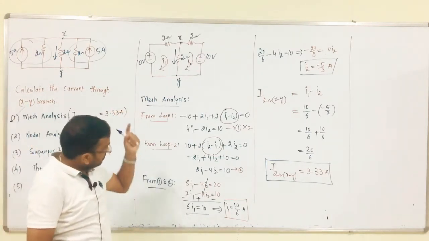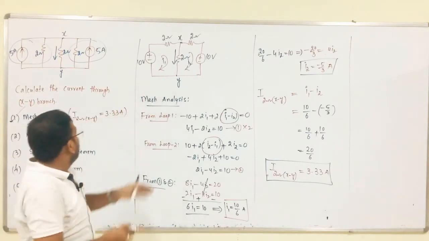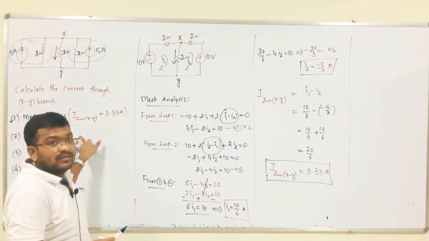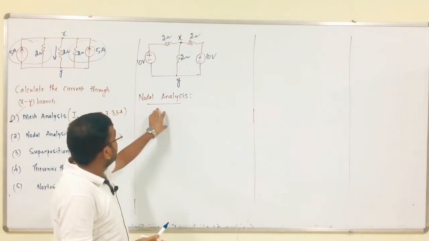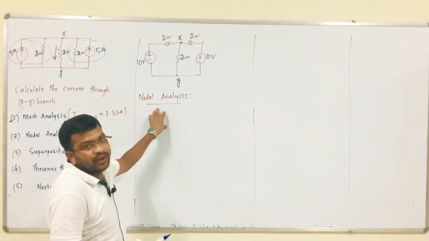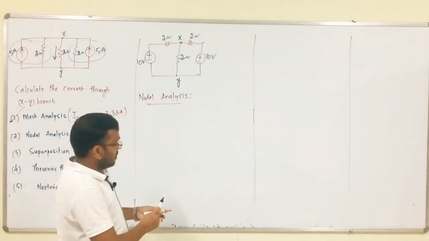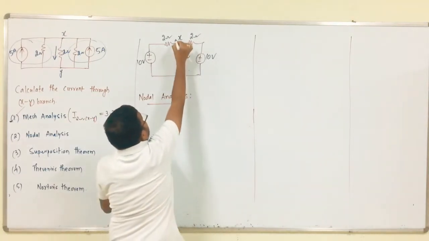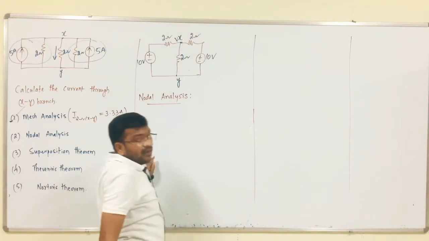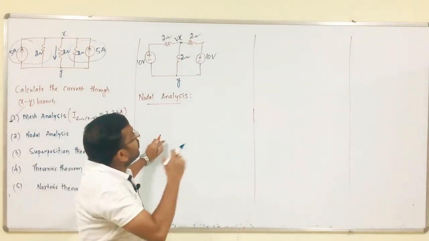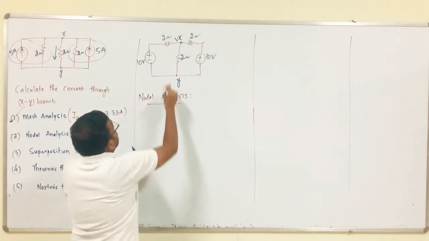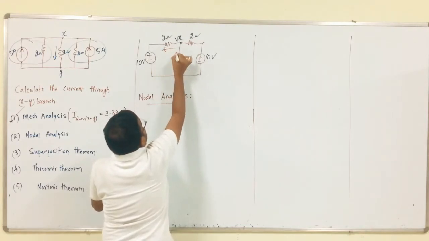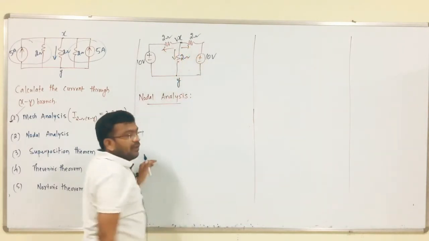Now, we will do the same problem with nodal analysis. See, now we are using the second method, that is nodal analysis. This is the node, we do not know that nodal voltage, so for example it is V. The voltage at that node is V. First we are assuming our current directions, all are leaving.